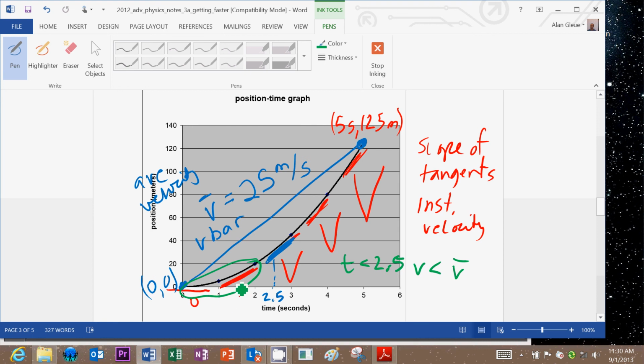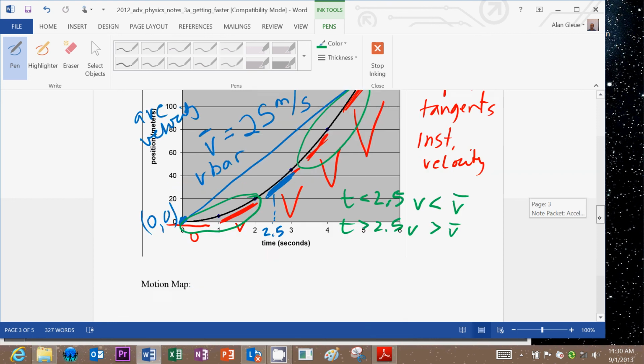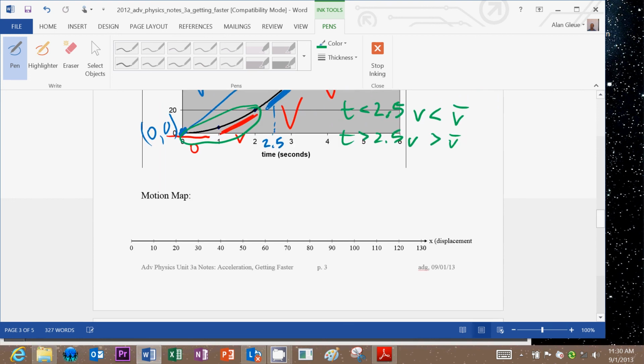Okay? It's getting faster and faster. Then it hits 25. For times greater than 2.5, the car's speed is greater than the average. Okay, does that kind of make sense? I hope so. Well, let's scroll down. We just got a little bit more to do on page 3 here.